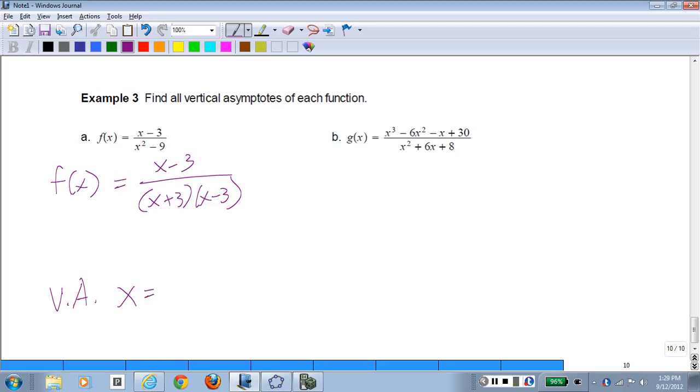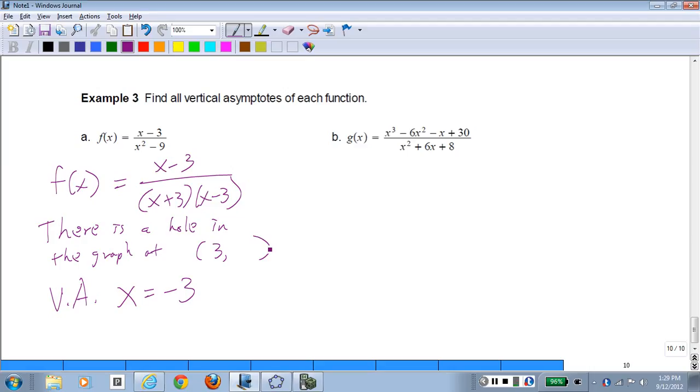X equals negative 3. What happens at positive 3? 0 over 0. There is a hole in the graph at 3, and if we calculate the limit as x approaches 3, we'll see what that is.